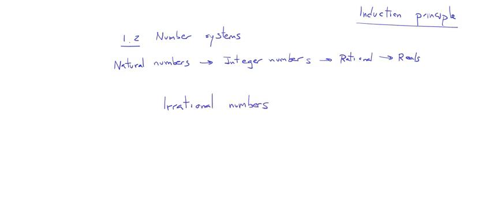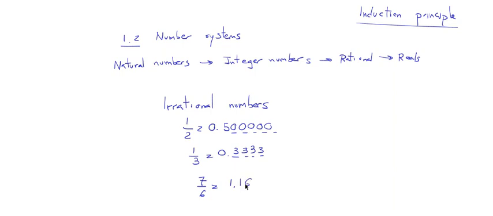If we express rational numbers in decimal form, you always have a periodic expression. For example, 0.3333, a repeating pattern. Or 7/6 is 1.1666, and it doesn't matter which period you have.